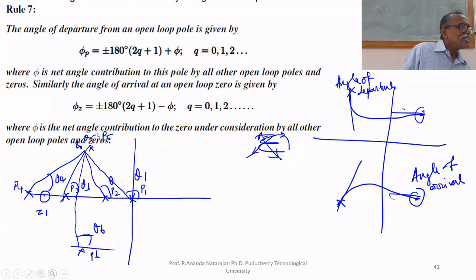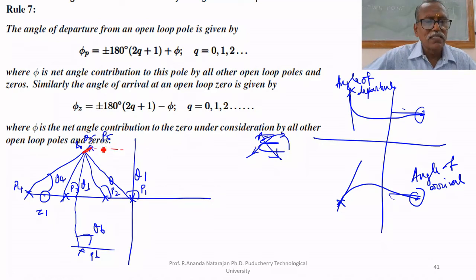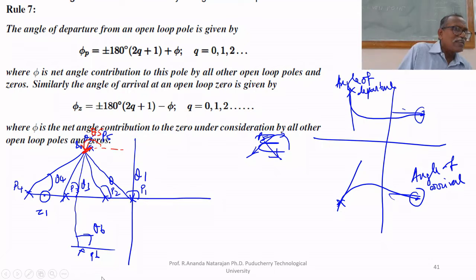We do not know what angle it is coming out at. We know that S0 is on the root locus. Therefore, if you add all these angles, it must equal plus or minus 2q plus 1 multiplied by 180.